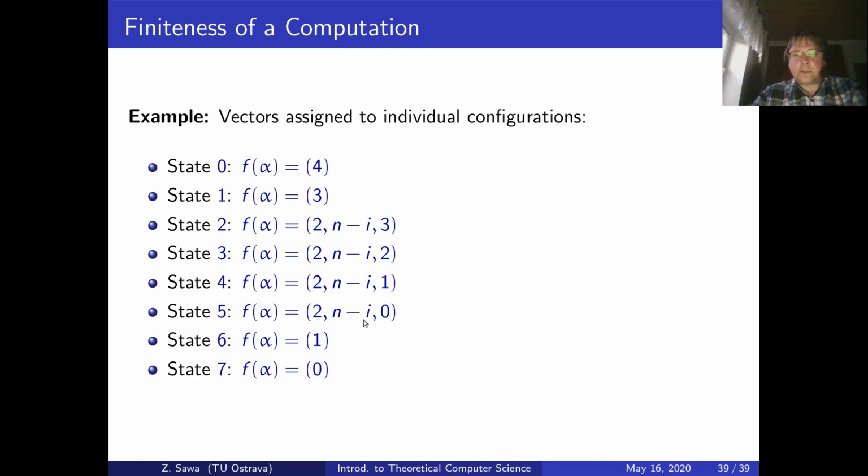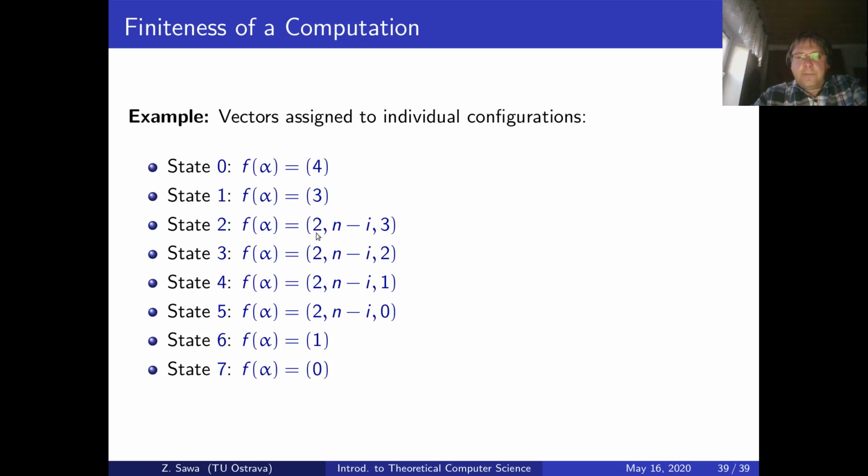We must consider the value of I before the assignment and after the assignment. So if we have the value of variable I before the assignment, we would have some configuration with this vector, and if we go from state 5 to state 2, this I here refers to the new value of I, which is the original I plus 1. We could denote it as some I prime and say that I prime is equal to I plus 1.